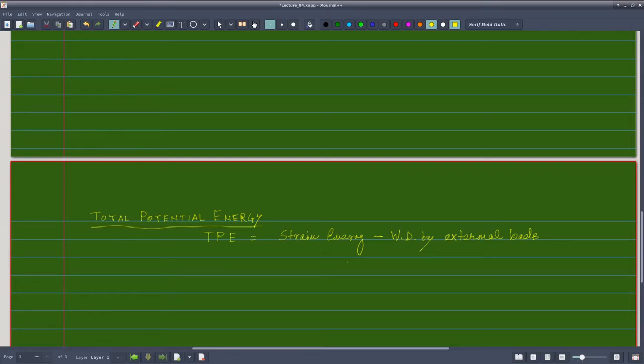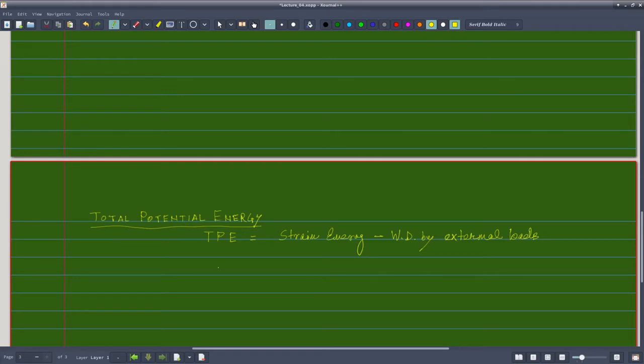Actually, by convention, we define the work done by external loads as negative quantity. That's why effectively we are summing up the strain energy and the work done by the external load.